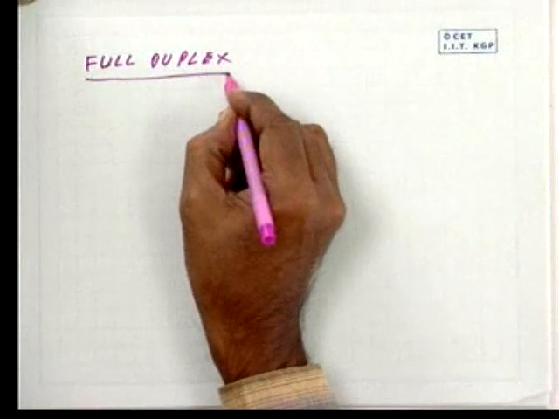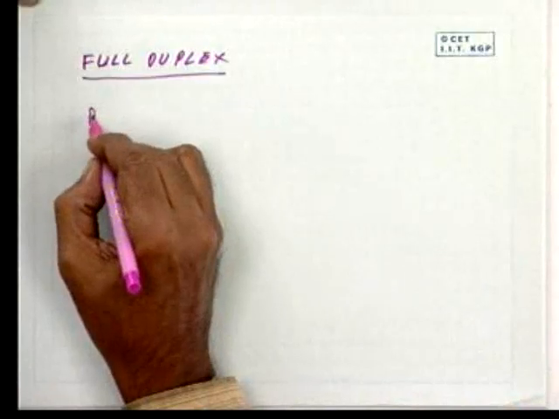Full duplex means both sides can send data. So station A is sending data, station B is also sending data. Now, a small portion of the frame which is being sent can be used for acknowledgement. This concept is called piggybacking.